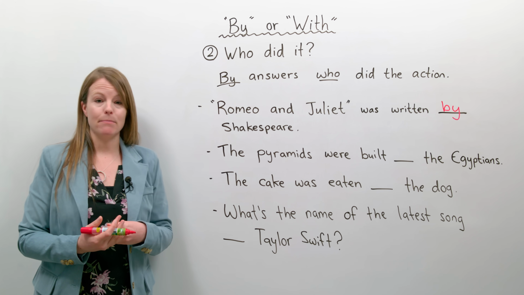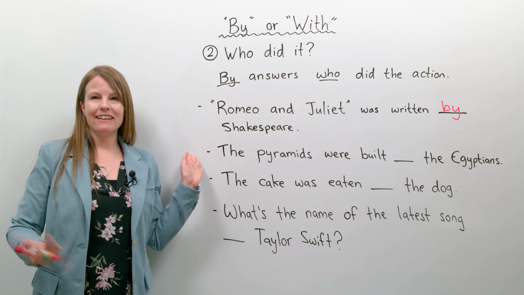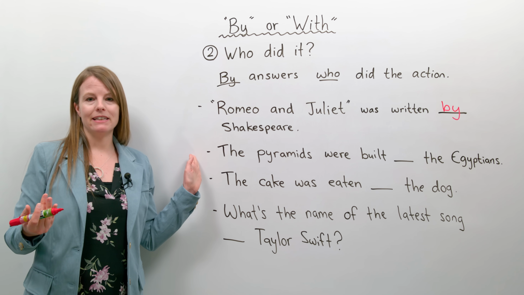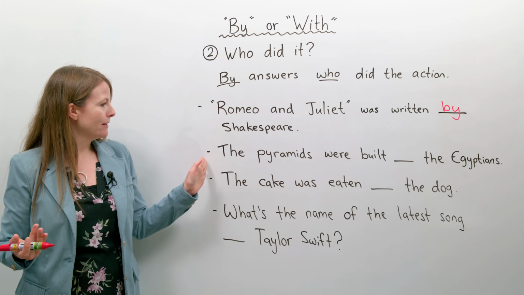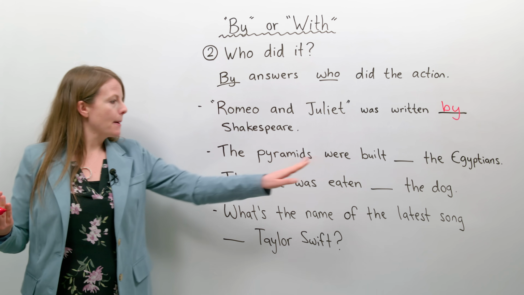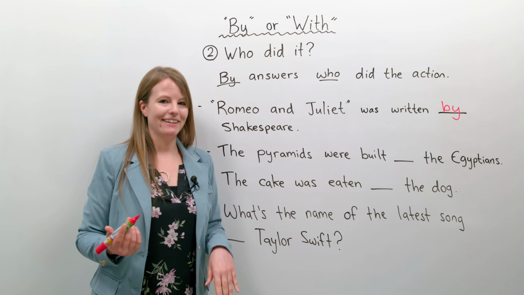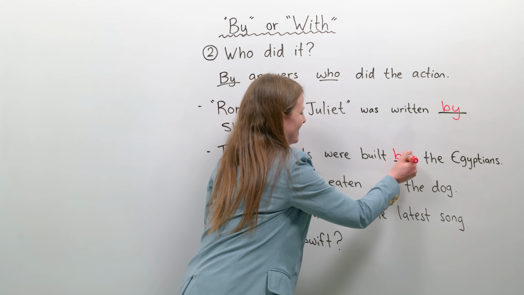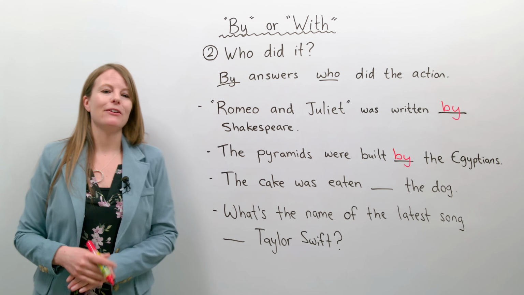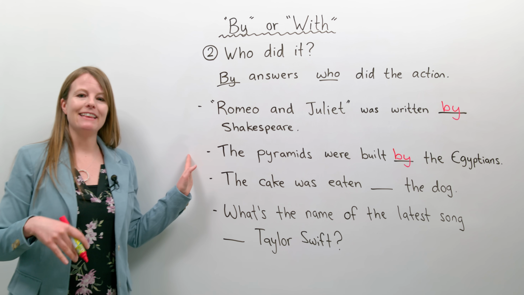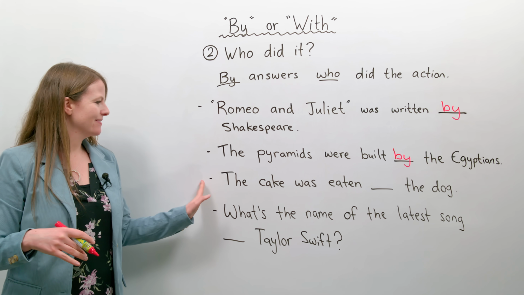Let's look at another example. Imagine somebody says, who built the pyramids? The pyramids were built by the Egyptians, not aliens, as some people might think. So the pyramids were built by the ancient Egyptians.